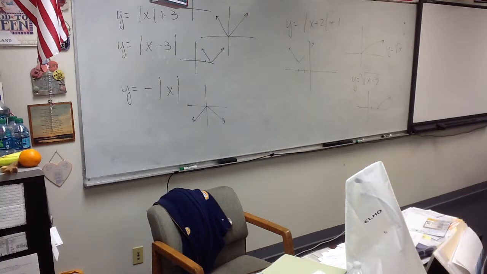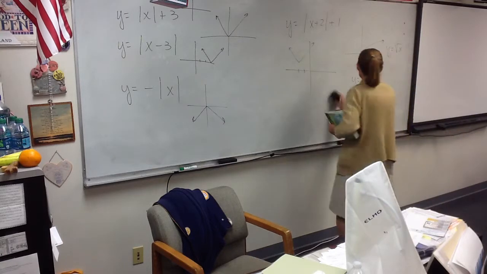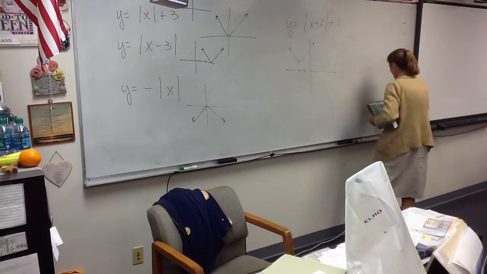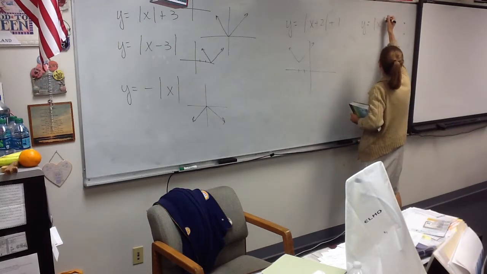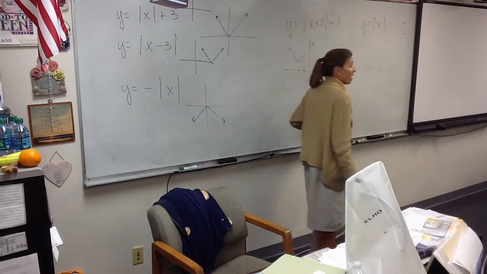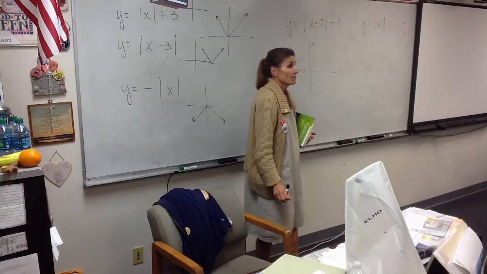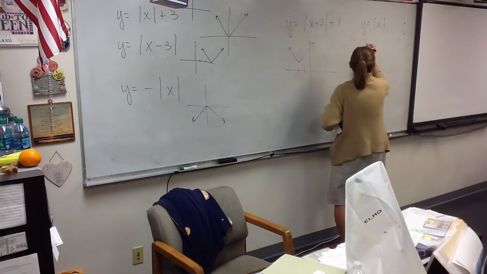Odd is the origin. So if someone said to me, is this function odd, and I'll just use an absolute value function, I would do my test of symmetry for the origin. And what is the test of symmetry for the origin?